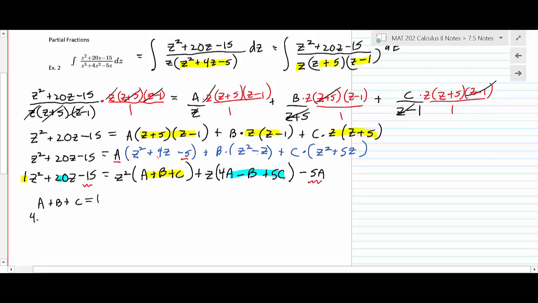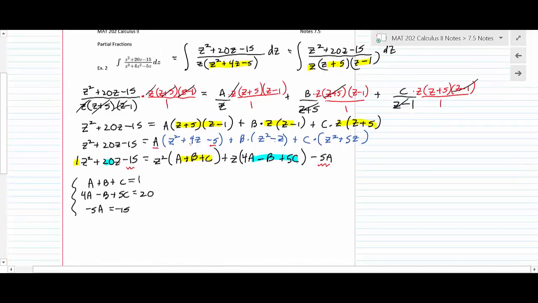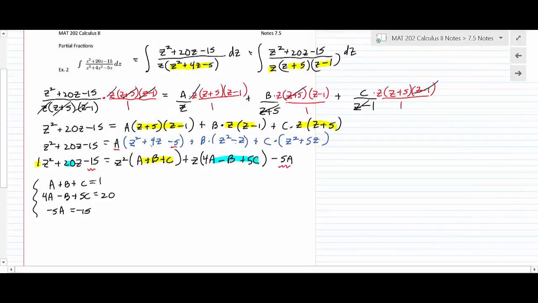We would have 4a minus b plus 5c is equal to 20. And then we would have negative 5a is equal to negative 15. And your job is to find a, b, and c. Once we do that, we'll be able to do the integral very easily. Okay? So here's what I notice on this. First thing I notice is if you have negative 5a equals negative 15, well, you can solve that. You can divide both sides by negative 5.